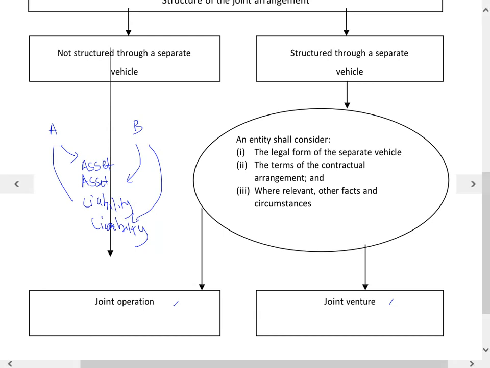Do we have a separate company? No. So A only recognizes their portion of asset. Understand? A only recognizes their portion of liability. Whereas for B, same thing, they only recognize their portion of asset and their portion of liability. That's it. This is joint operation.